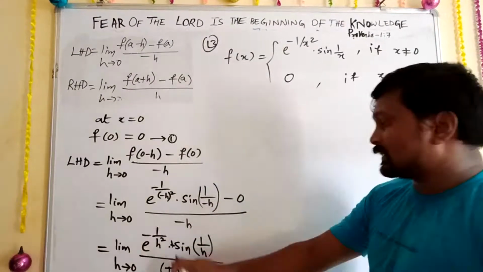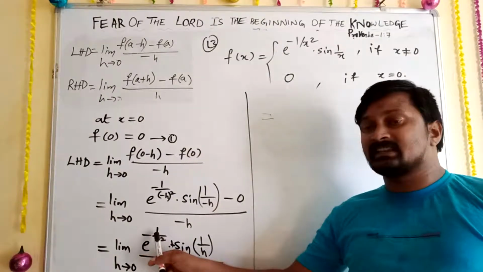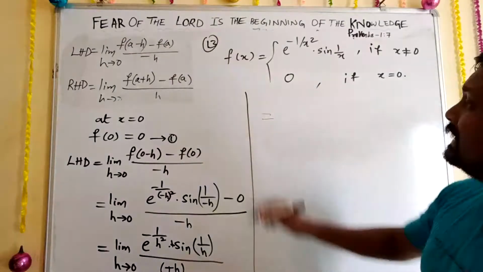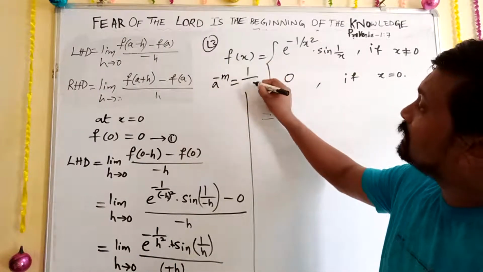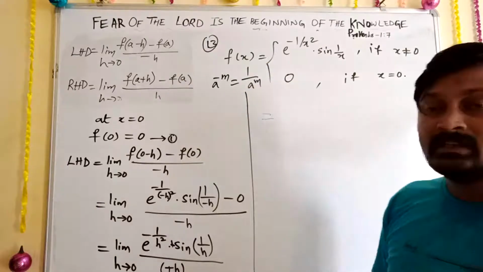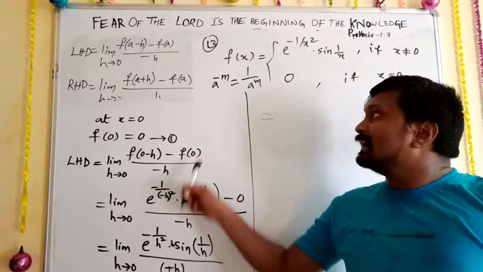So after that, what we are going to write is e power minus this is there. This we can think as a power minus m. So if anything a power minus m, we can write it as 1 upon a power m. So now I'll think e as a and then minus m plus here it is 1 upon h square.